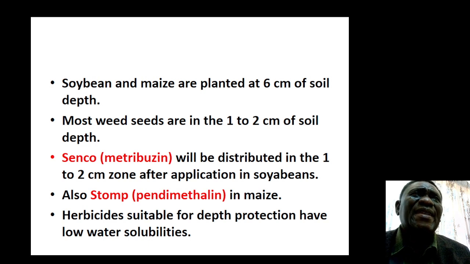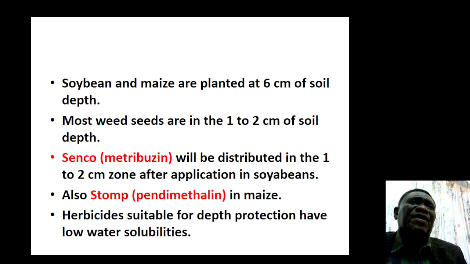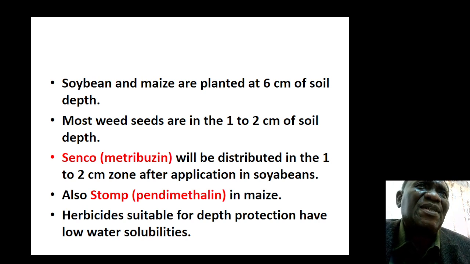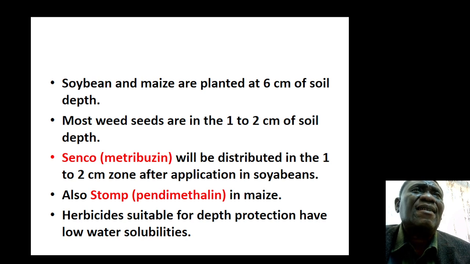So soybean and maize are planted at 6 centimeters of soil depth. Most weed seeds are in the 1 to 2 centimeter of soil depth. Sengo metribuzin will be distributed in the 1 to 2 centimeters zone after application in soybeans.